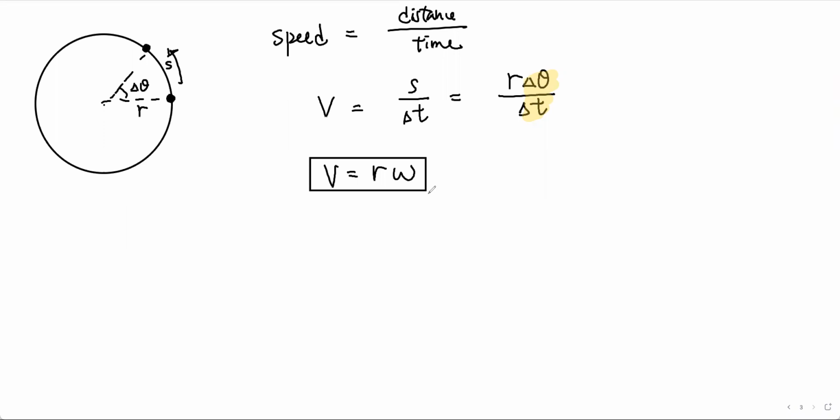Okay, this is the first formula that you need to remember. v is the speed, or you say the velocity.